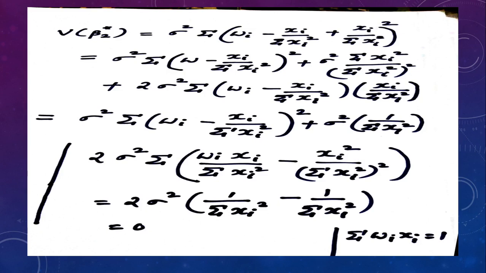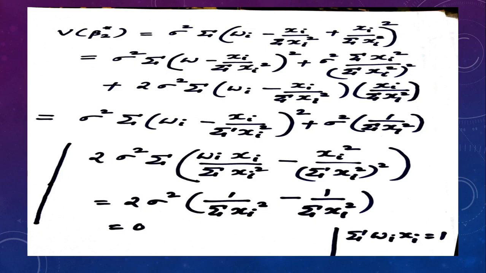So this term becomes variance of beta 2 star is equal to sigma square into sigma (wi minus xi divided by sigma xi square plus xi divided by sigma xi square) the whole square. So this xi divided by sigma xi square is equal to ki, that you have to remember.